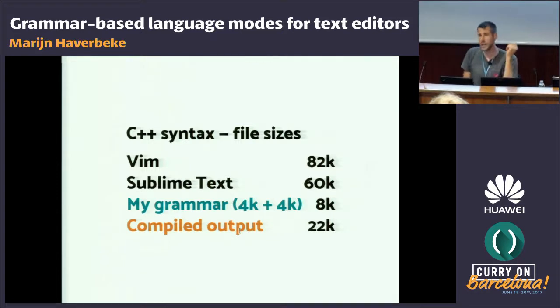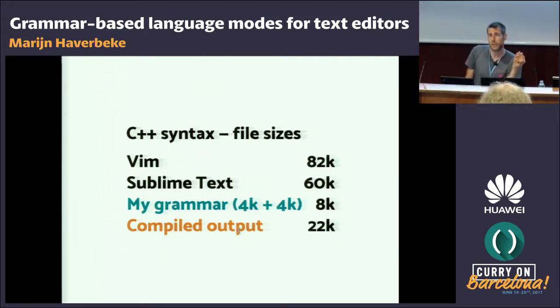This is my last slide. I did a quick file size comparison. The basic Vim C++ mode is very, very crude, so I searched for a third-party C++ mode that also tries to highlight things a bit more thoroughly, and I came to 82 kilobytes. Sublime Text's standard C++ mode is 60.